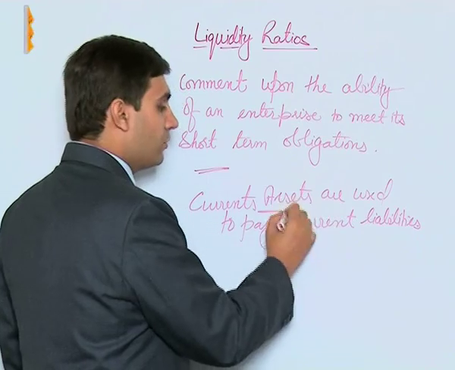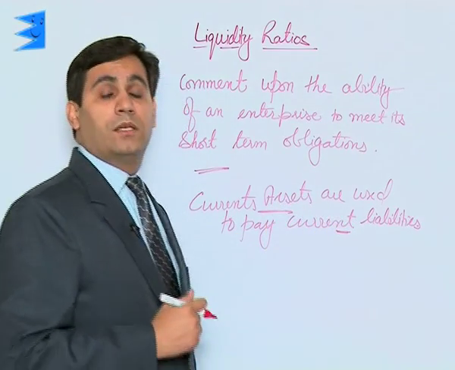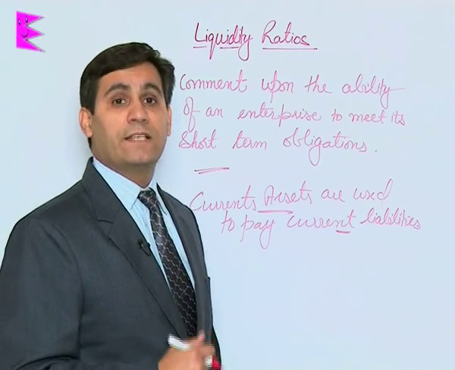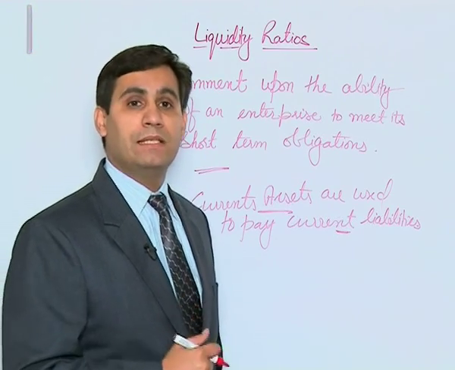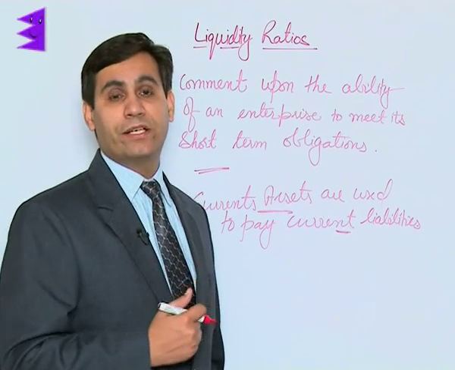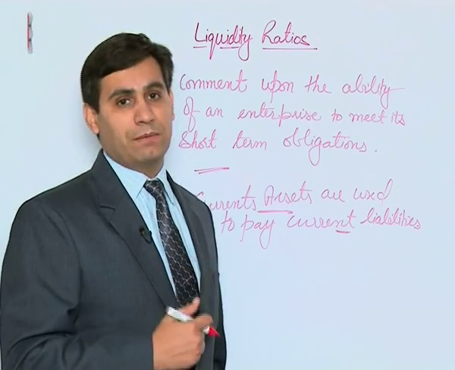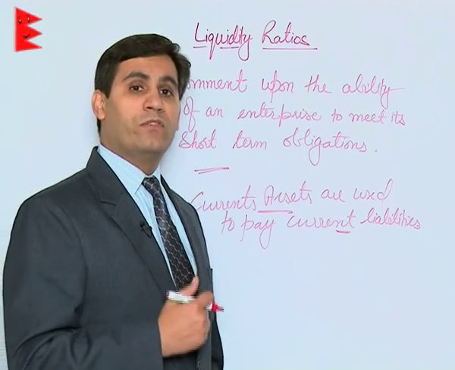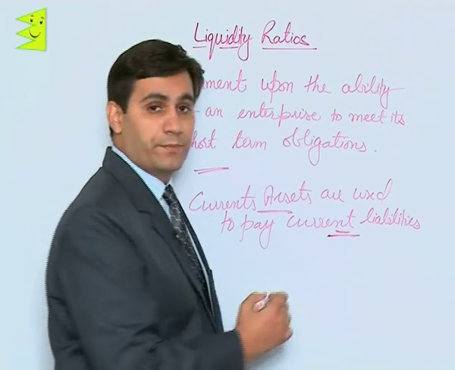Since current assets are used to pay current liabilities, that means we must have enough resources. Imagine a situation where you don't have current assets or the quality of the current assets is bad. By quality we mean that they cannot be readily converted into cash, or they are not yielding the same amount of cash as expected. In such cases, you will find it extremely difficult to pay off your current liabilities.